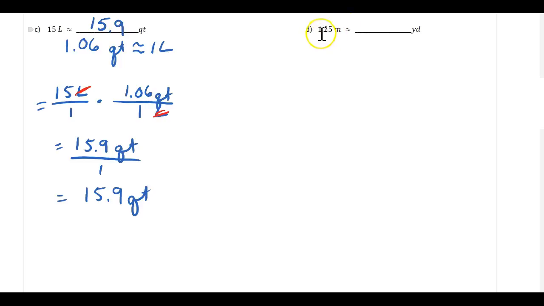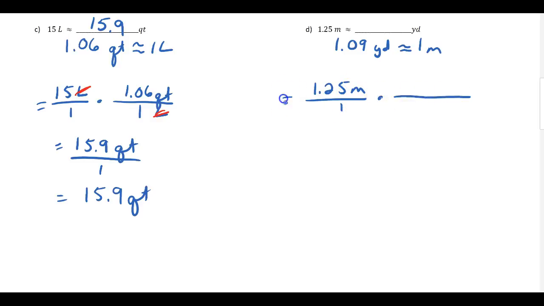Okay, then I want to go from meters into yards. I've got 1.25 meters, and I'm going to go into yards. Thankfully, we have a conversion directly from meters into yards. 1.09 yards is approximately 1 meter. So I'm going to start with 1.25 meters over 1. And since meters is in the numerator, I'm going to put meters in the denominator, so 1 meter. And I'm going to put yards in the numerator.